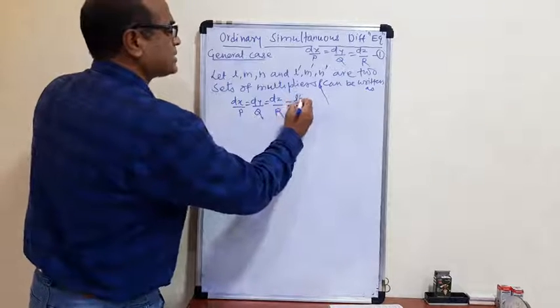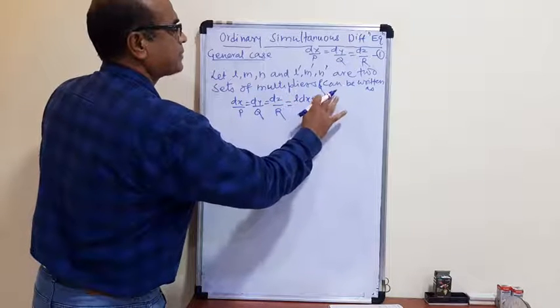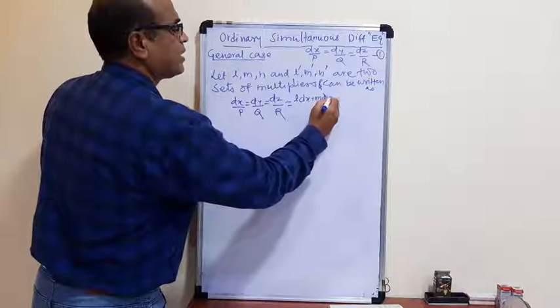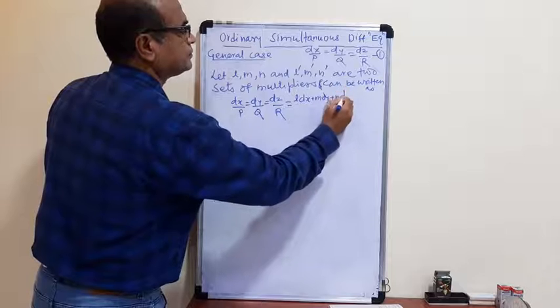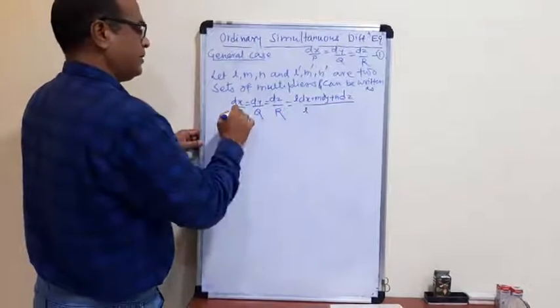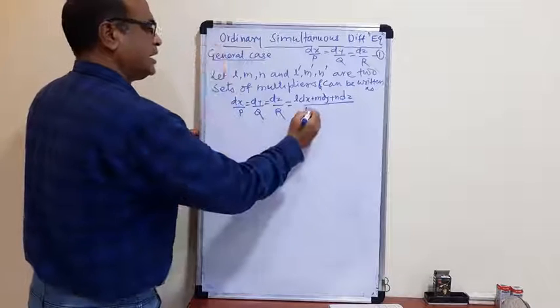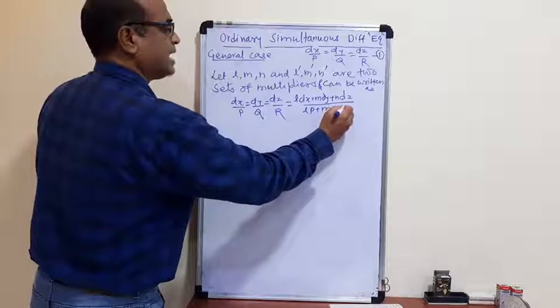So L dx plus M dy plus N dz divided by LP plus MQ plus NR.